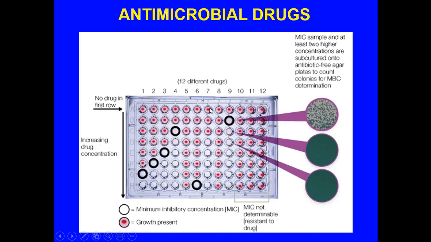You would have turbidity, you would have this coloration there, so you have growth present. And then you start going up in the concentration, and you see eventually the cells decreasing in their activity and eventually no cell at all. And so that's where you have your minimum inhibitory concentration. Okay.